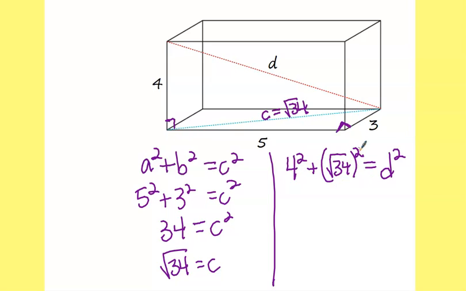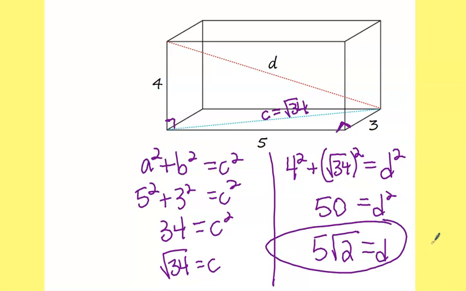The square root of 34, when I square that, those basically just cancel each other out, and it leaves me with 34. So I have 16 plus 34, which would be 50 for d squared. So I take the square root of 50, which is going to be 5 times the square root of 2 for d. So this would be my diagonal distance.